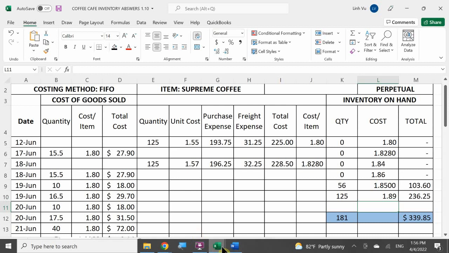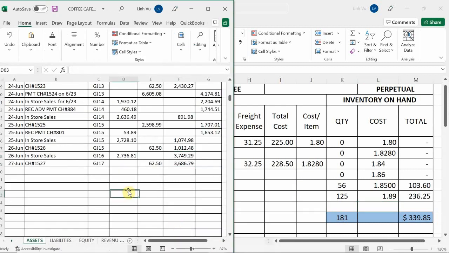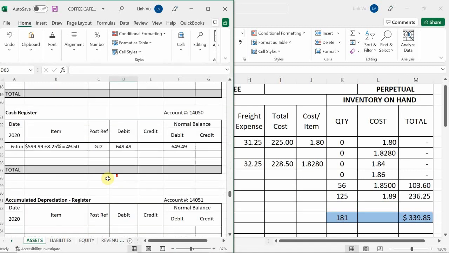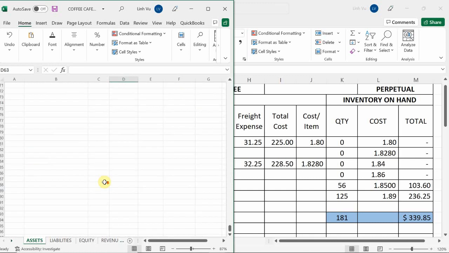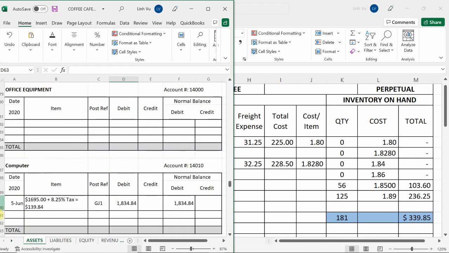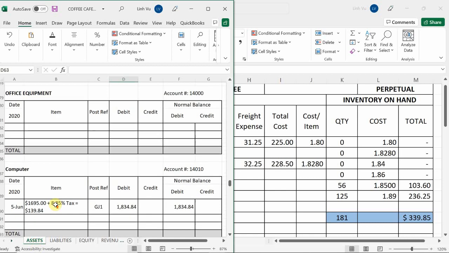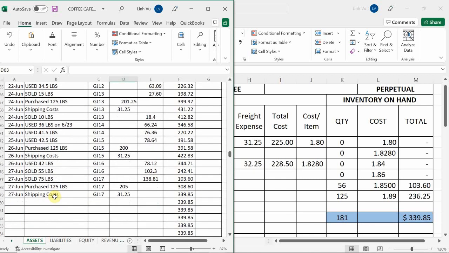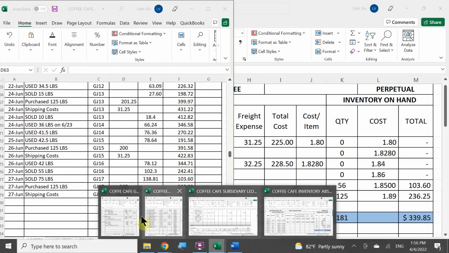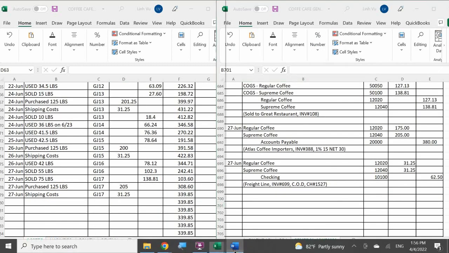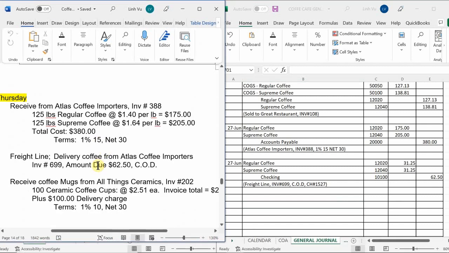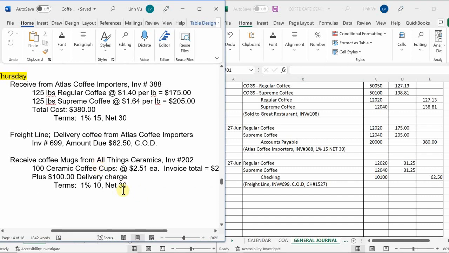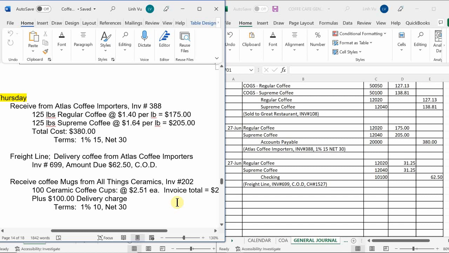Okay. And I believe that does match my inventory on hand in my ledger account. 339.85. Okay, good. So then we end up receiving our coffee mugs as well.